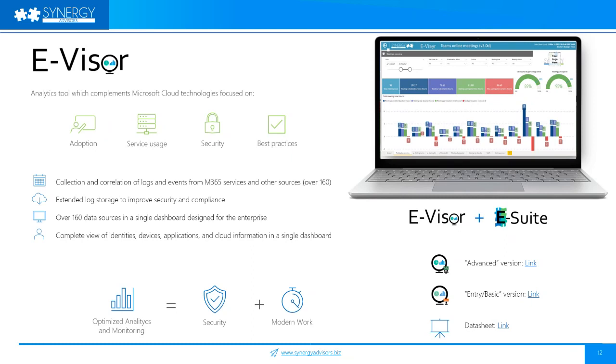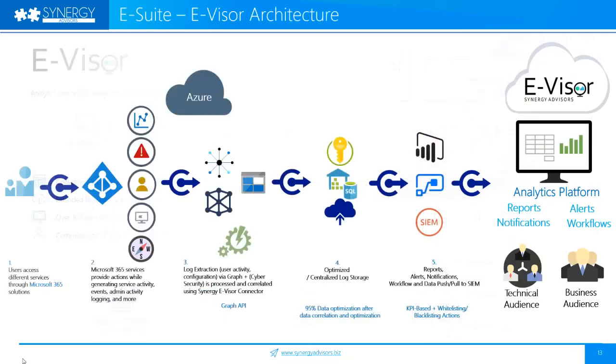And Leo, if you could go to the next slide, you can take a look at some of the architecture behind the eVisor solution. You can see that we're collecting all of that data through M365, extracting it in a number of different ways depending on how the log sources are made available through Microsoft, via Graph API, etc. Then centralizing it, optimizing it, and presenting it back to the end users.